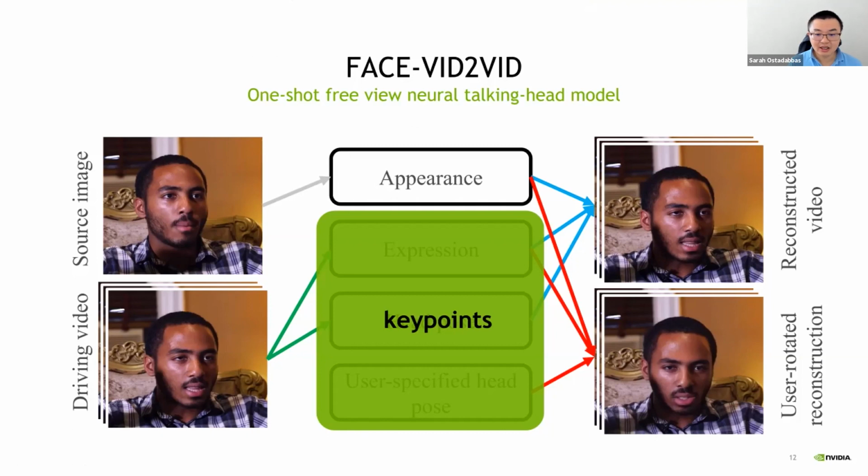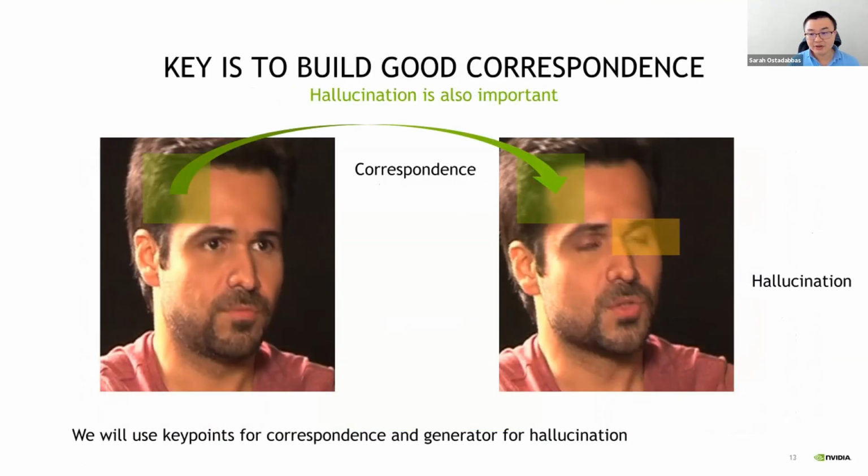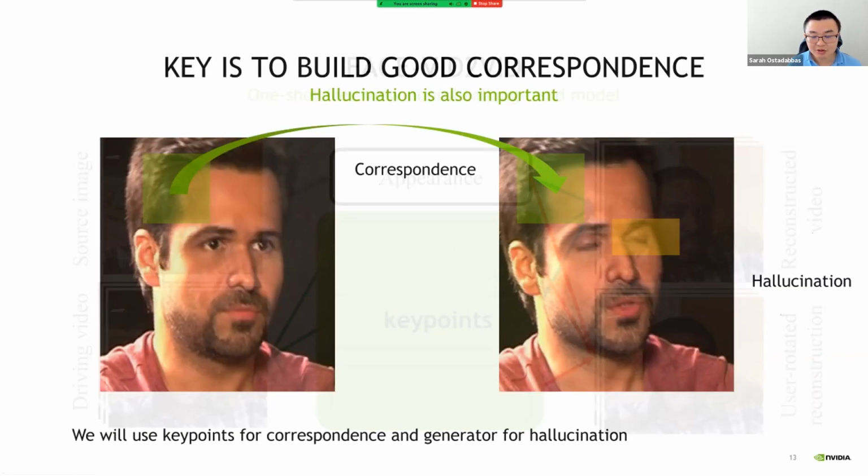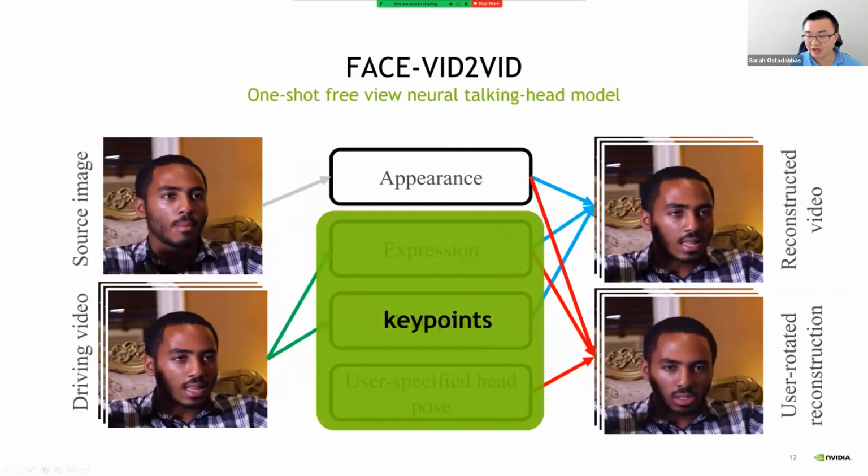Now, the key for such neural talking head synthesis is to build good correspondence. Remember we have a source image, and the source image has a lot of information about the subject. When we want to reconstruct the video, we want to borrow as much information from the source image as possible.